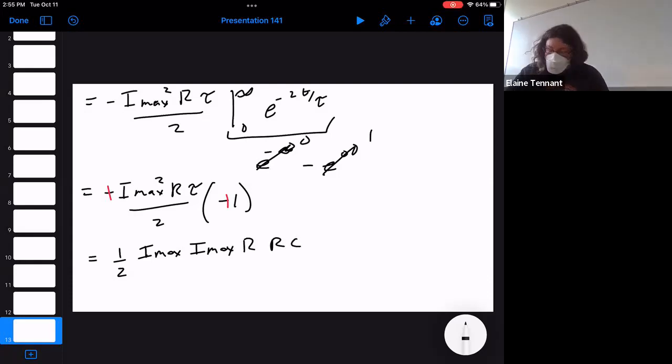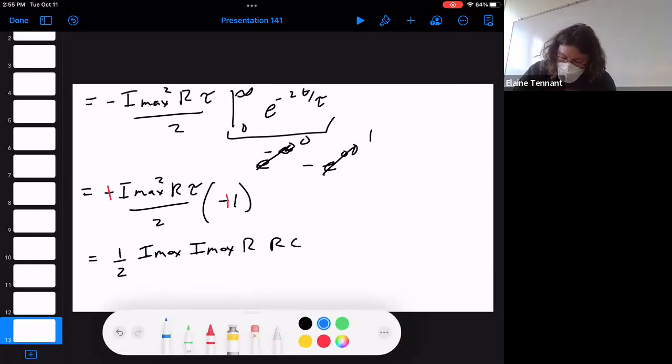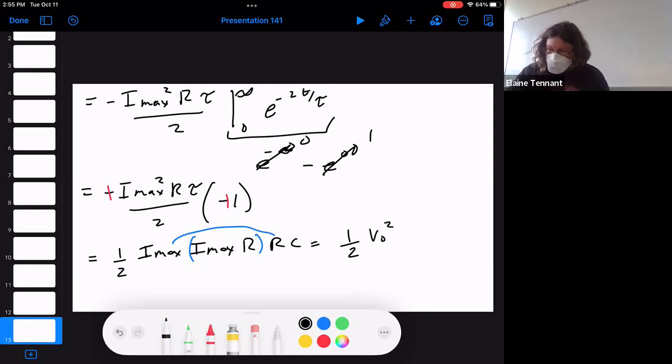One thing I might note is that I have current times resistance. And what is current times resistance? Voltage. That's the maximum current times the resistance, so that's the battery voltage there. And I've got 2 of them, right? I got 2 Imaxes and 2 Rs. So this is really 2 battery voltages, and I'm multiplying that by a C.